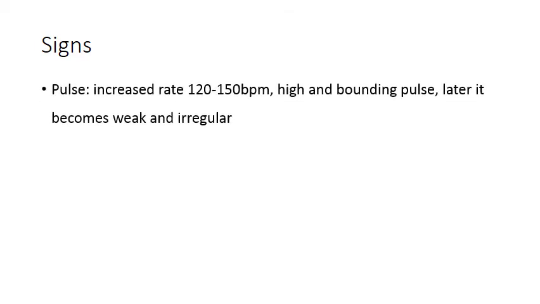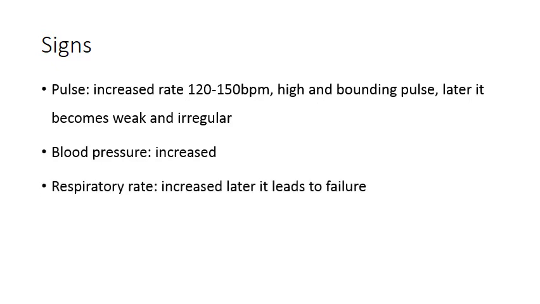So what are the signs of this Datura poisoning? When you look at the pulse rate, it is increased anywhere between 120 to 150 beats per minute. It is a very high and bounding pulse. Later this pulse becomes weak and irregular as the person's condition deteriorates. Respiratory system, the respiratory rate is increased, which may later get depressed and it may lead to respiratory failure.